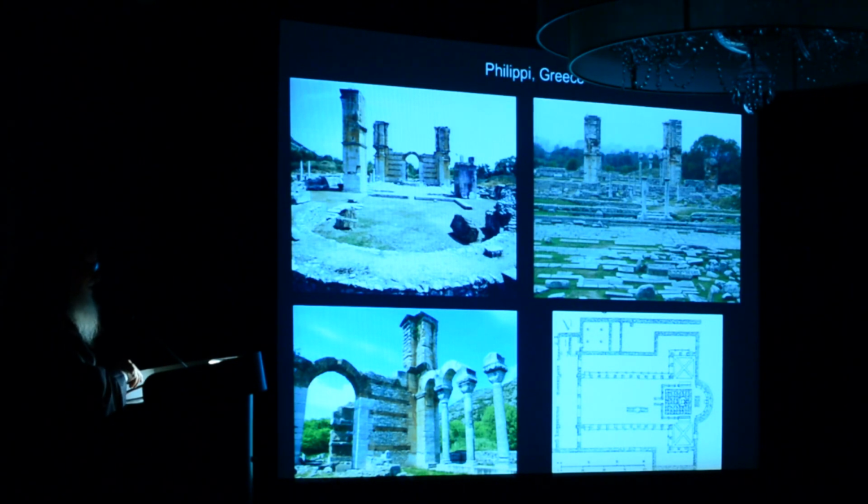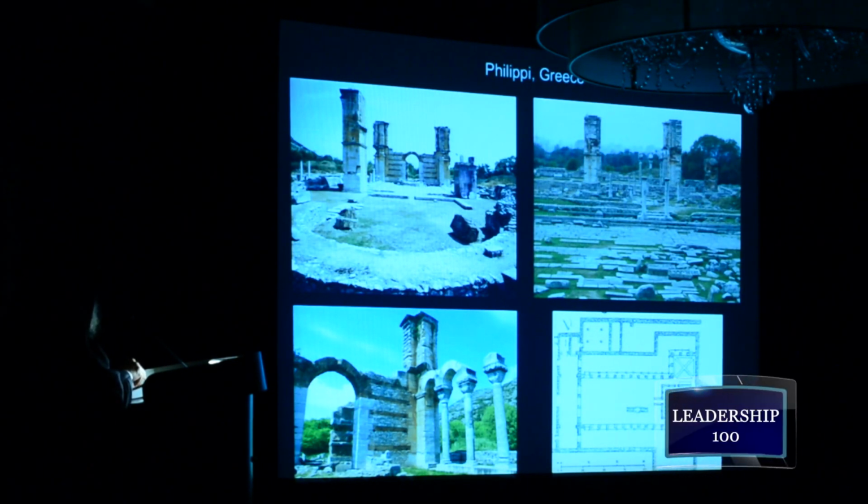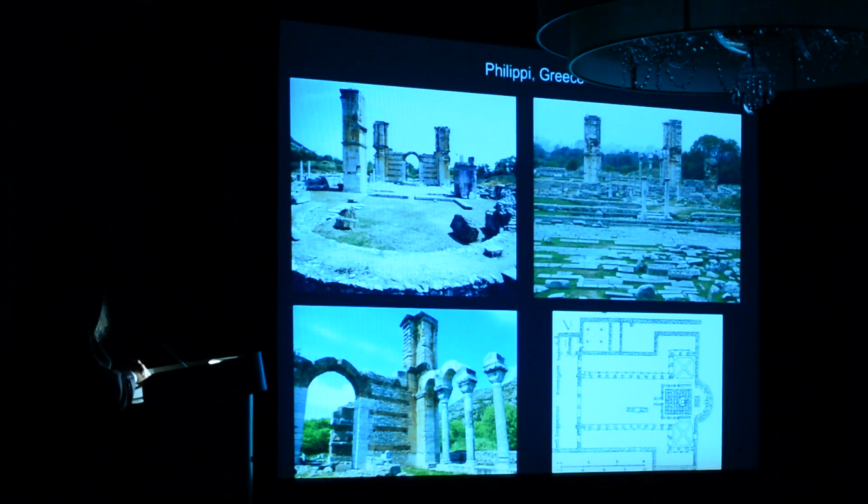We have the first basilicas, which are the first built churches, and these are from the place of Philippi in Greece, north of Kavala. Philippi was the first place on European soil that St. Paul visited, and there, in this place, was the first European Christian by the name of Lydia. So you have the church of St. Lydia.